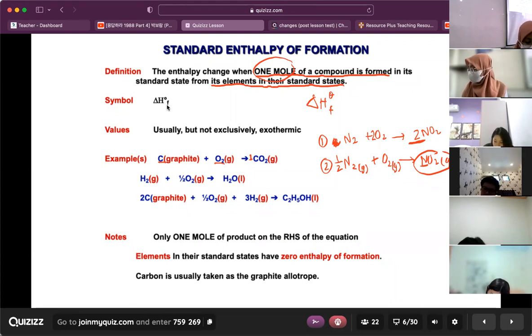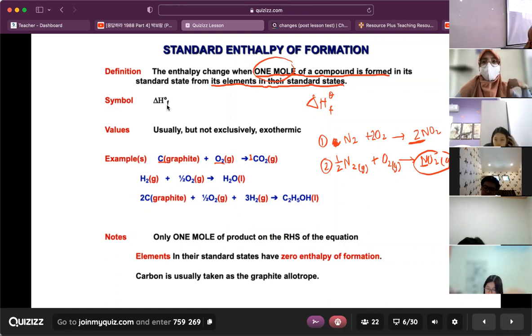Like this. For the first one, it is still NO2, but 2 moles for the first one. Okay, any question? I hope no more questions.